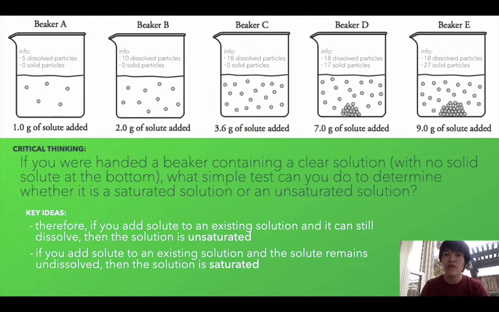Or, if you add solute to an existing solution and that solute remains undissolved, then the solution is saturated. So, this means that the simple test is to just add solute to that clear solution and see if it dissolves or see if it stays as a solid. That's how you can figure out whether that clear solution is saturated or unsaturated.